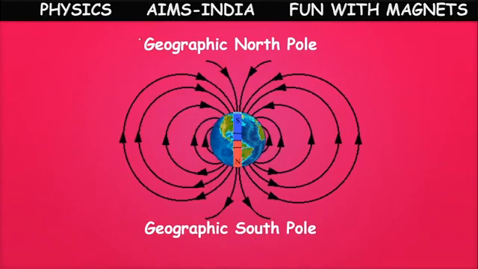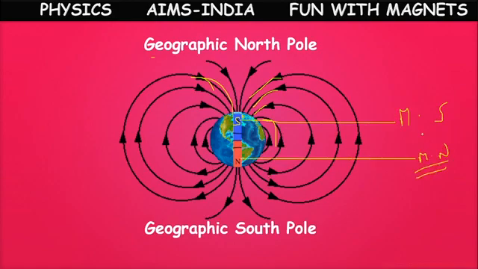So the earth also behaves like a magnet. If we draw lines for the magnetic force shown by the earth, this end here is magnetic south. This is magnetic north. A magnet has two ends: one is the north pole, another is the south pole.